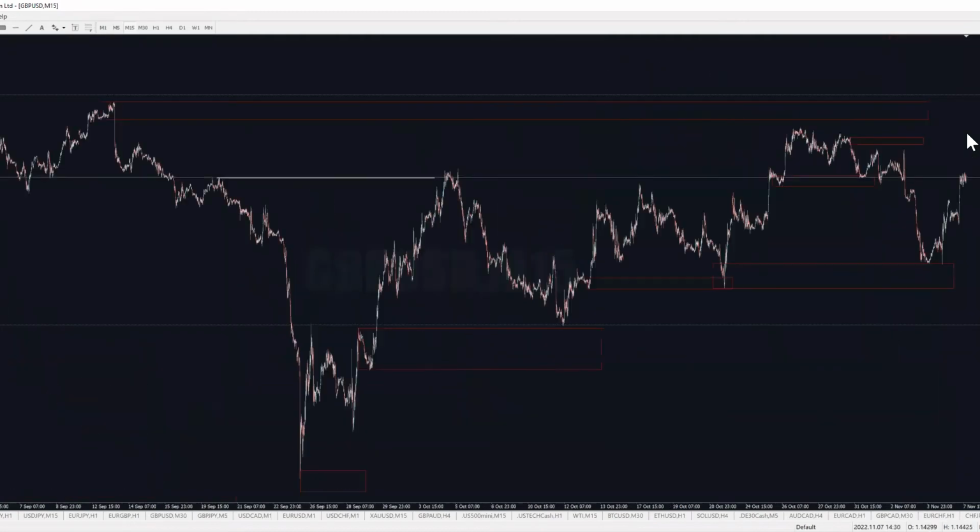So that's why it's important to know the bigger picture, the higher time frame levels and the lower time frame levels, right? If a higher time frame level is still fresh and obvious, it works almost as a magnet to price, and eventually it's going to attract price towards that level.